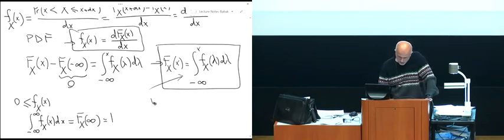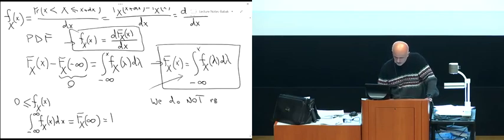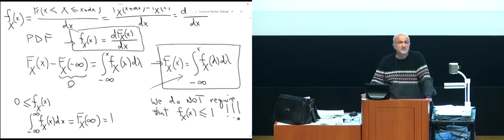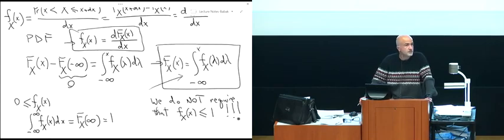But we do not require that the PDF be less than or equal to 1. This is somewhat counterintuitive. PDFs can blow up at certain points. As long as they're non-negative and as long as they integrate to 1, you've got a valid PDF.